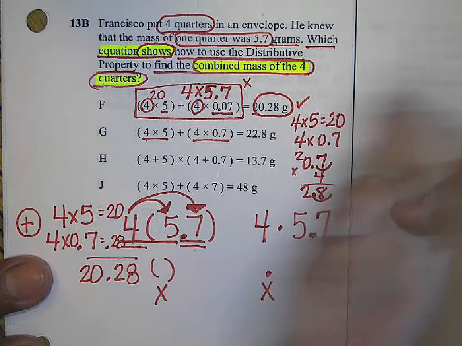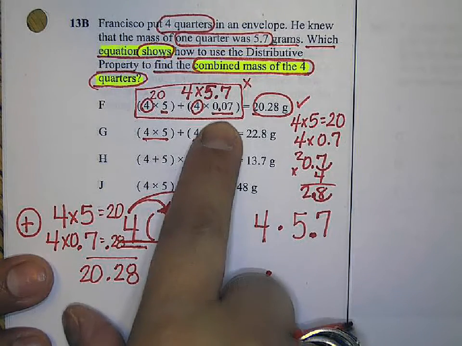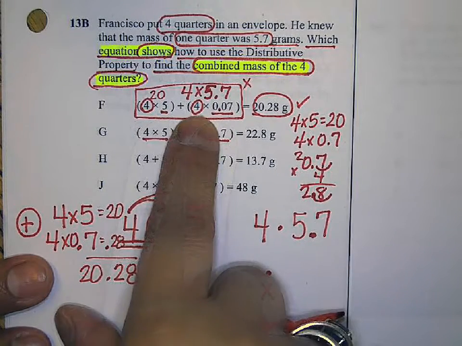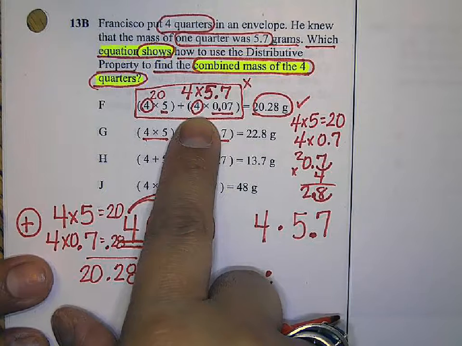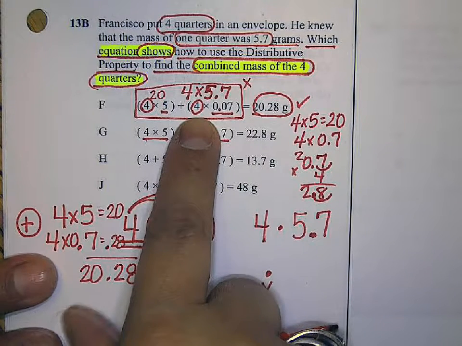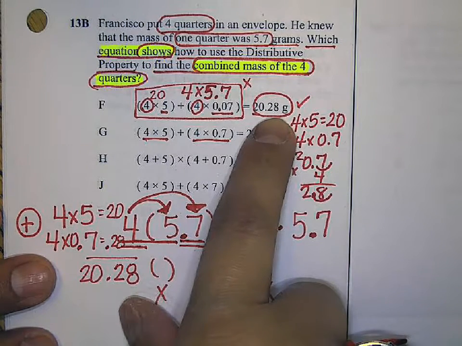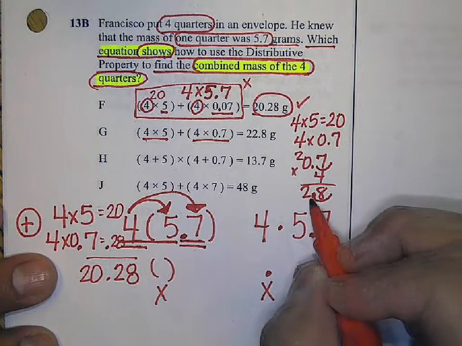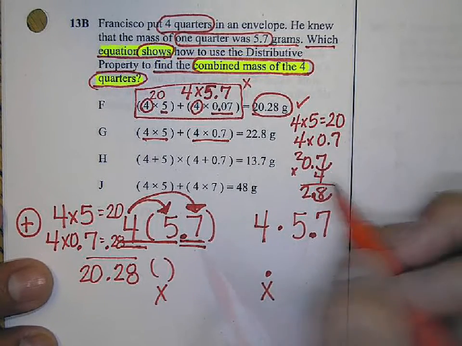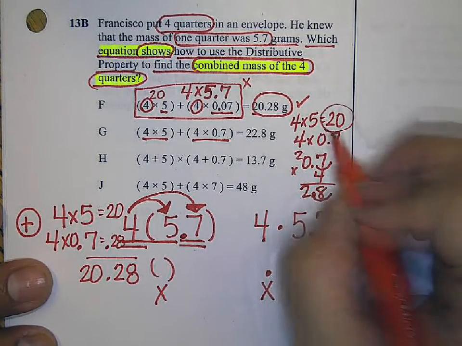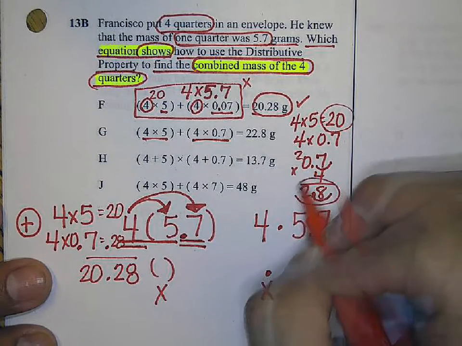How many of you just did 7 times 4 and figured it was 28, like 0.28? Anybody? Because some of you wanted to say this was the answer, right? I did. Okay. So, I now have 20 and 2.8.